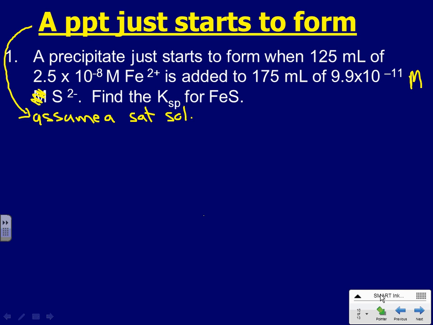Even though one drop pushed us over the edge so that we could see the precipitate form, we're going to assume that we've got just enough. That last drop didn't really count. And if we're going to assume a saturated solution, then we can go straight to the KSP. Because if it's a saturated solution, what's true about the QSP? Yep, it's equal to the KSP.